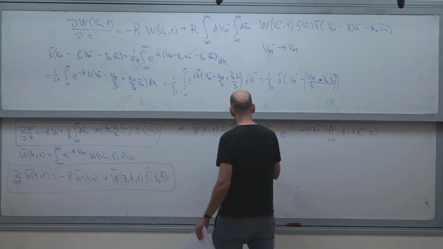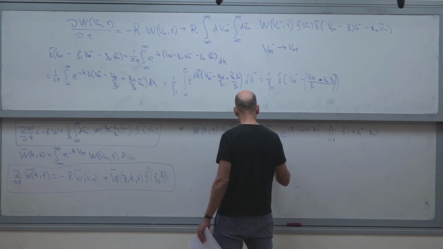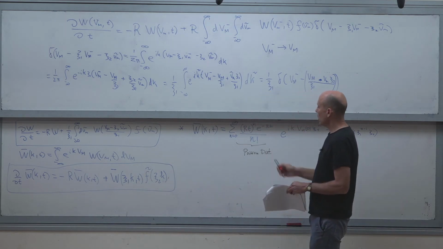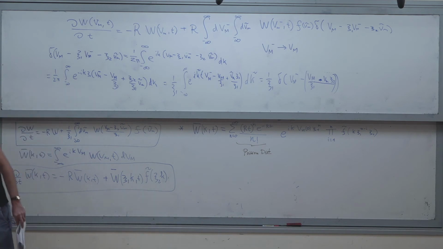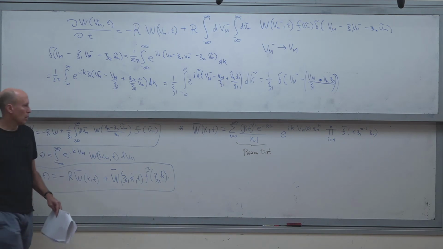And you see this from here. This is the Poisson distribution. This is the probability. So what is the Poisson distribution? You should know it, or maybe you know it.